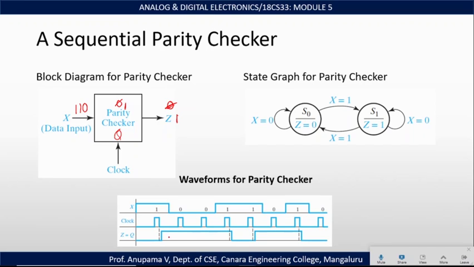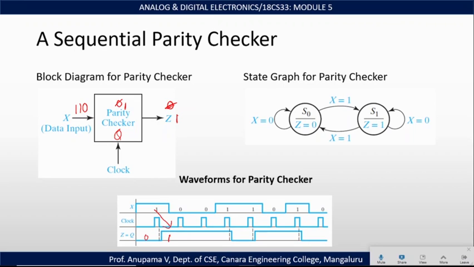Parity bit value is 1, right? Initially, when no number is fed to the parity checker, the parity value is 0 here. We know that the output is available at the next clock pulse because of the delay in the sequential circuit. So when you input X is equal to 1 and you give a clock pulse, the output will appear. So the output for this X is equal to 1 will appear here.